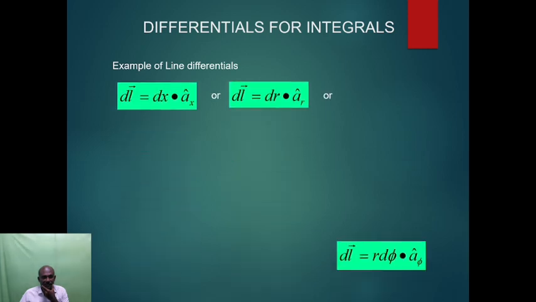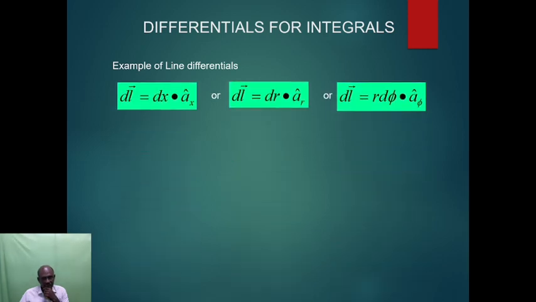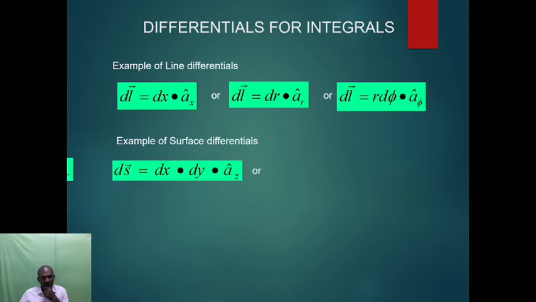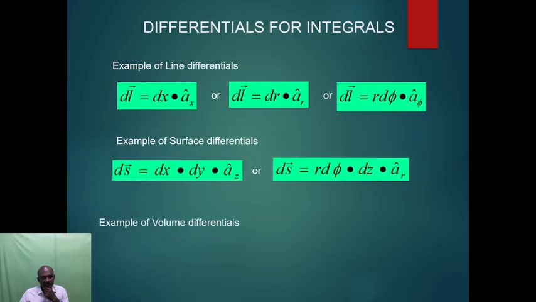For line integrals we have a length element. For area, we have the multiplication of two vectors. For volume, we have the product of three length quantities.